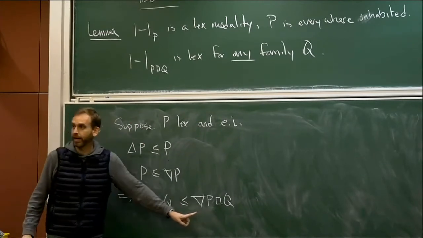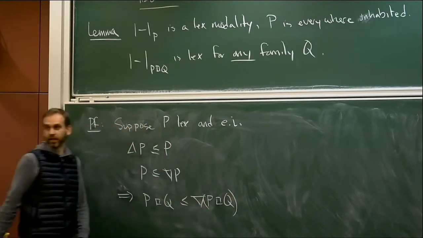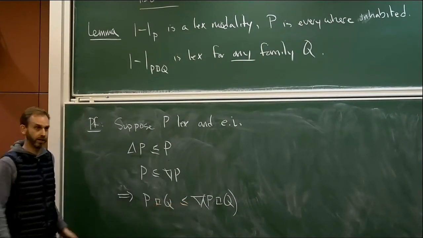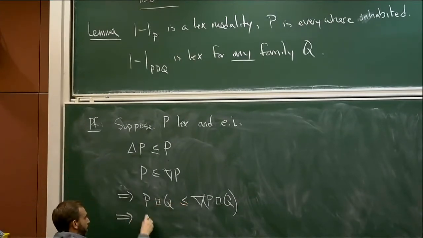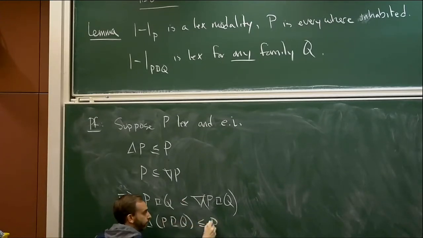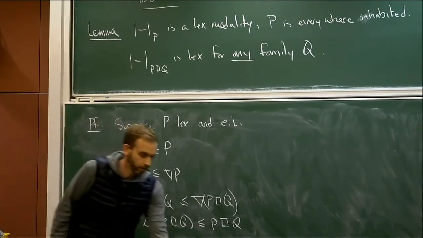So this operation on the right-hand side is associative, so I can re-associate like this. But now I can move the codiagonal back to the other side, and I get this, which is what we wanted to prove.